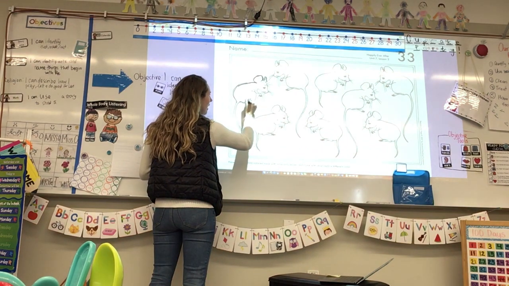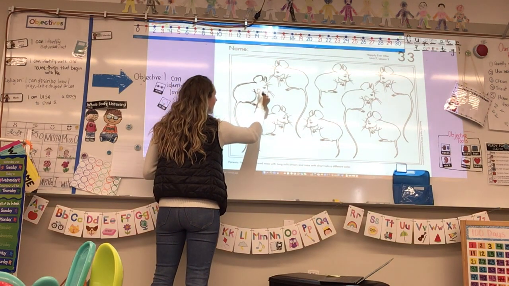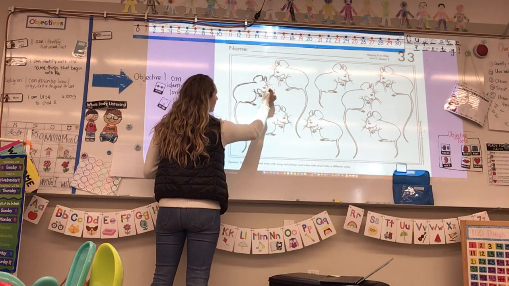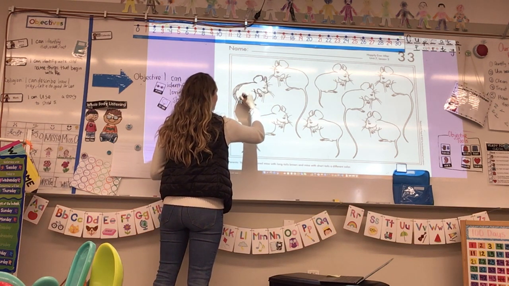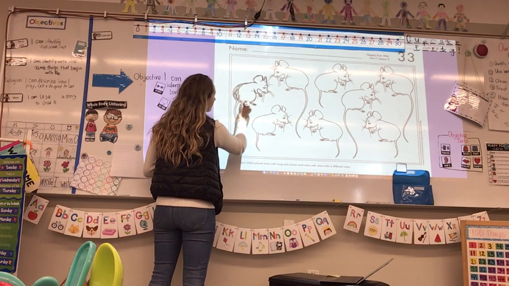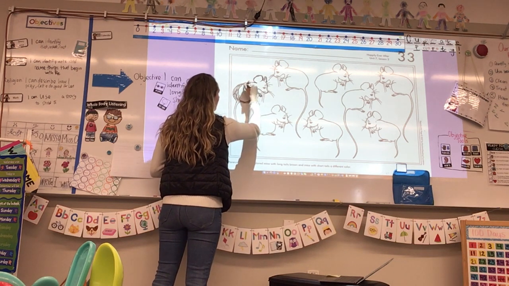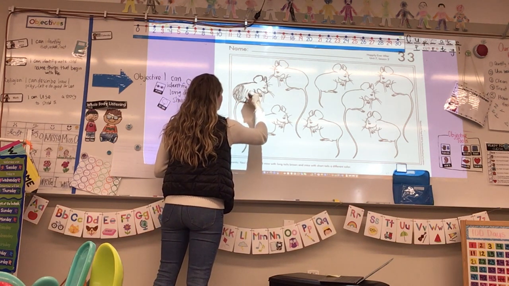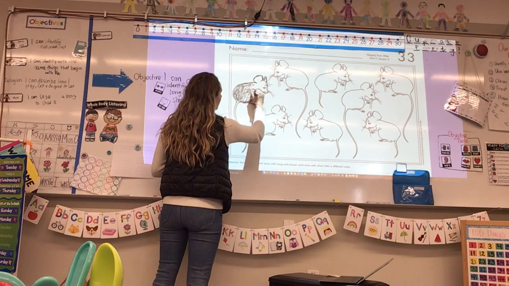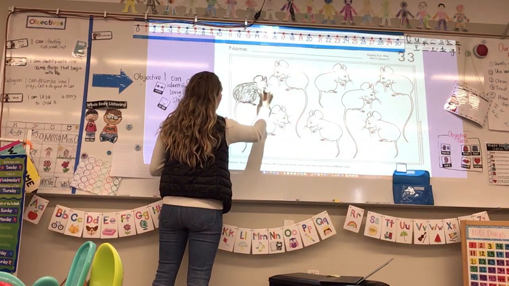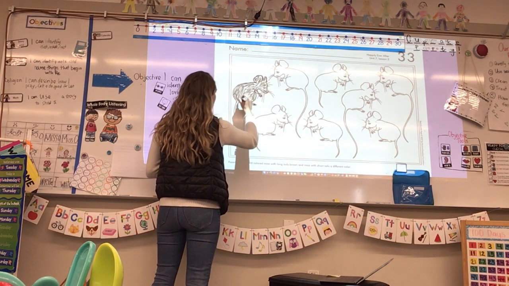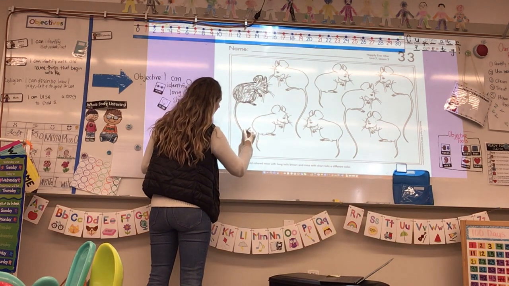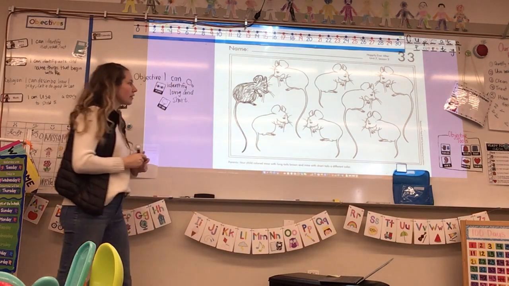I got its paws here, got its whole body, its paws, little nose and whiskers. And now I'm going to color that mouse in brown. I'm going to do the whole mouse, doing its body. There we go. Little arms and ears, little snout, and that big, long tail.